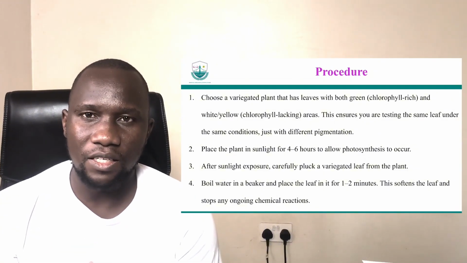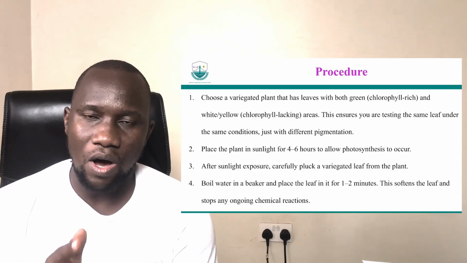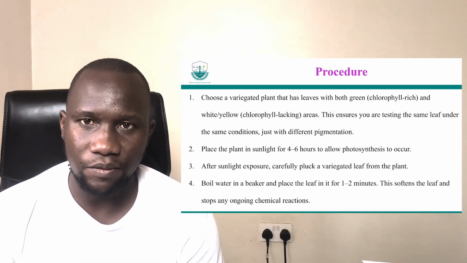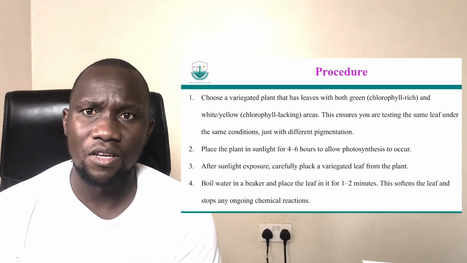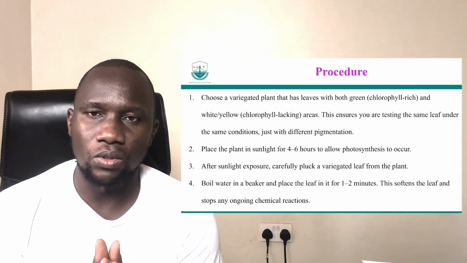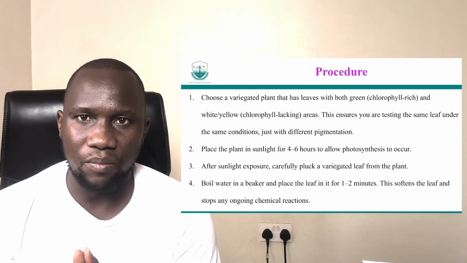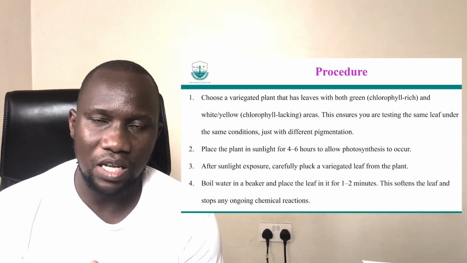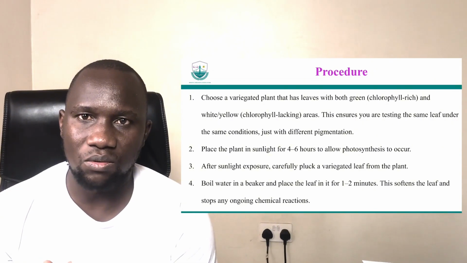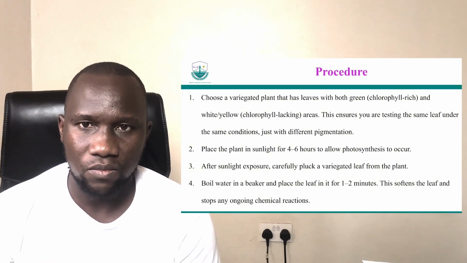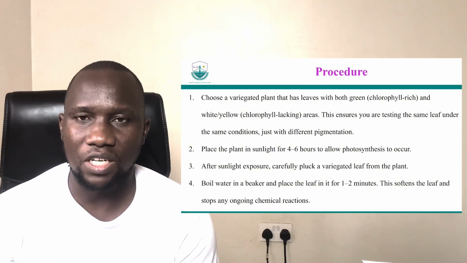The next thing, after that exposure, is to cut off one variegated leaf. That leaf is what we are going to test for the presence of starch in the different parts: the part that contains chlorophyll and the parts that do not. So what is the process of testing for starch?